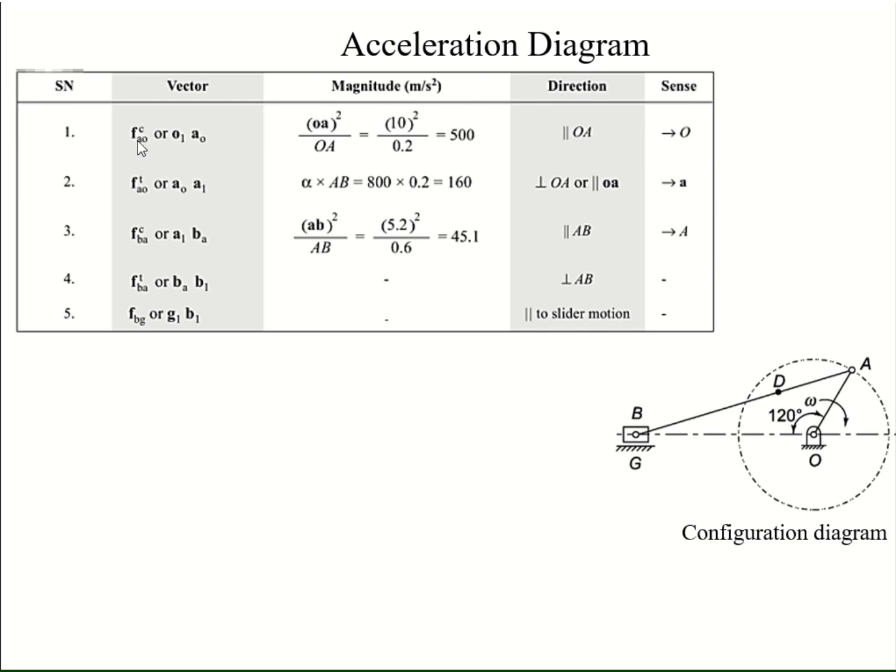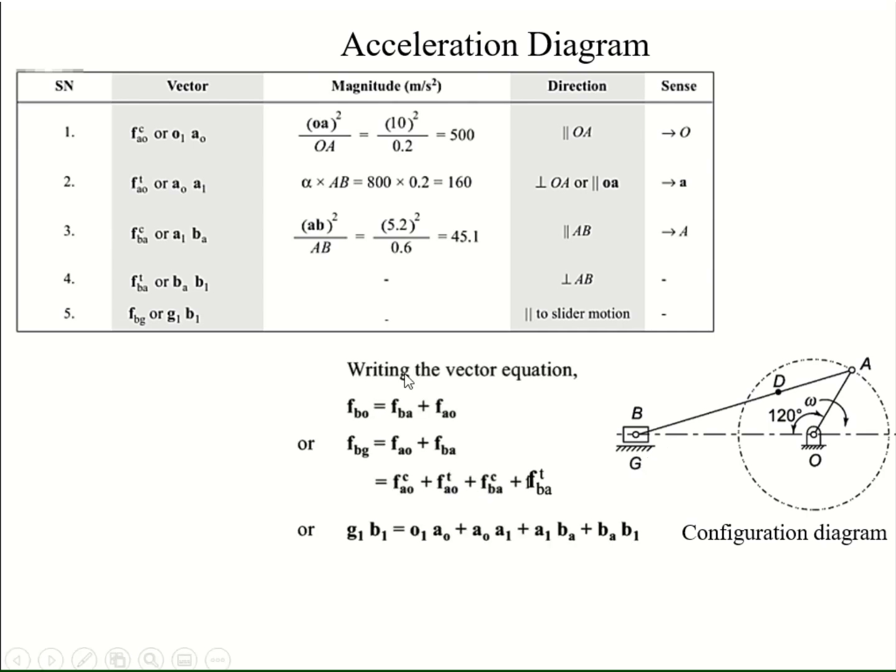Next, we'll make a table like shown over here, which helps us in drawing the acceleration diagram. As we know, the question is to find out the acceleration of point G over here. We can find that out by writing the vector equation.